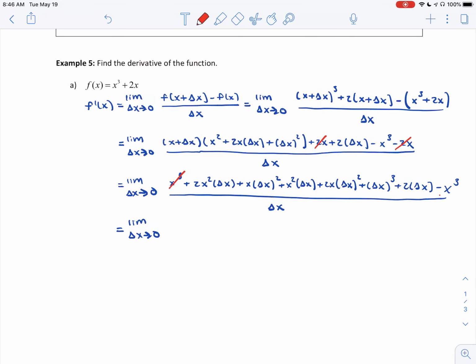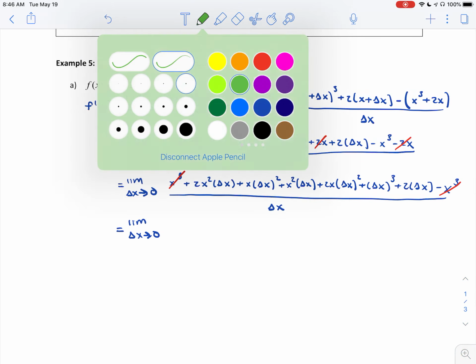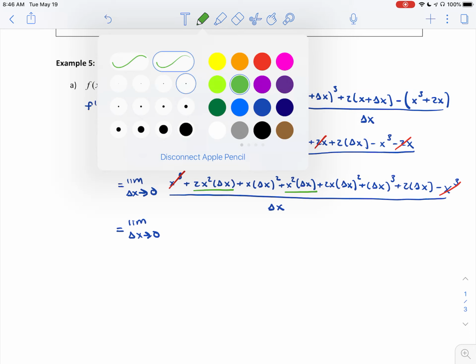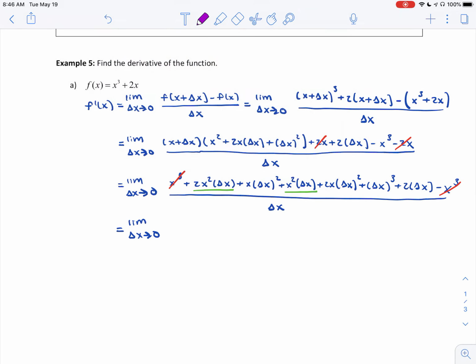We've got the x cubed and the negative x cubed that we can cancel out. And then we've just got some like terms. So I see a 2x squared delta x and an x squared delta x. We can combine those like terms. And we also have an x delta x squared and a 2x delta x squared. So we can combine those like terms as well.